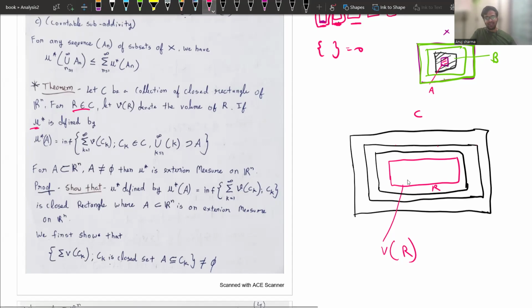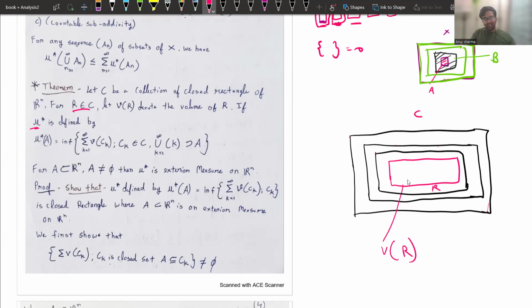Take the first rectangle, take the volume, take the second rectangle, take the volume, third rectangle, take the volume. And then you sum it up, add it. C_k belongs to C, meaning every rectangle belongs to C. This C means this larger rectangle. Every rectangle is contained in the single larger one.